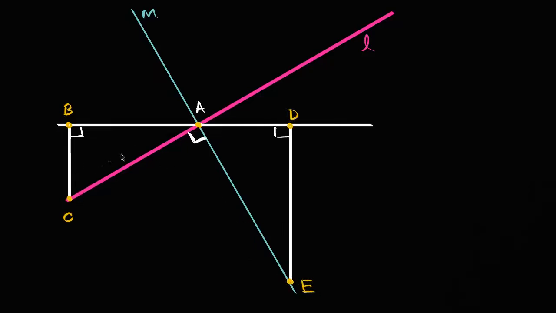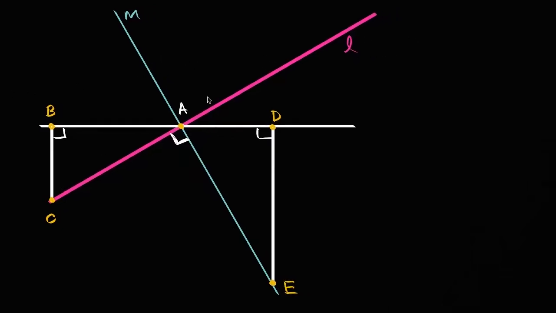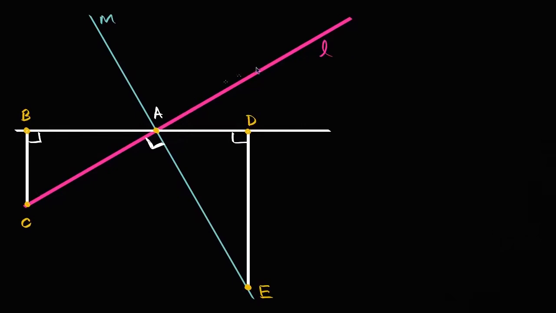Now, let's think about what the slope of line L is. So slope of L is going to be what? Well, you could view line L as the line that connects points C and A. So it's the slope of CA. L is line CA.